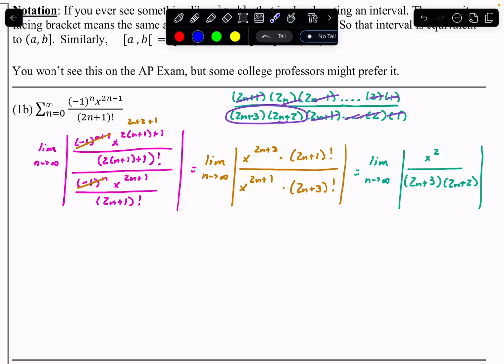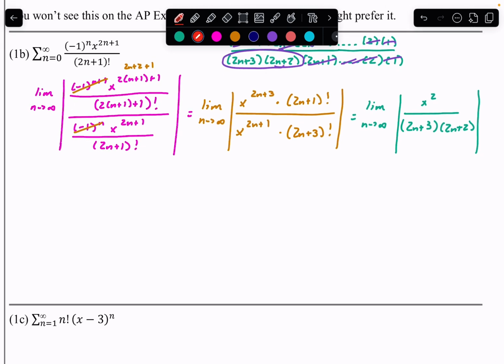So this x really doesn't mean much to me. I like to pull that x out to the front. Because it's squared, the absolute values actually don't do anything for me, but I like to leave that absolute value just to make sure. And this is a relatively easy limit.